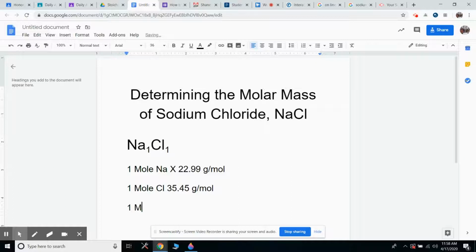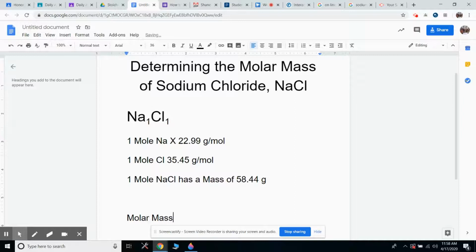So 1 mole of sodium chloride has a mass of 58.44 grams. And another way to write that would be to say its molar mass. So NaCl's, or sodium chloride's, molar mass is 58.44 grams per mole.